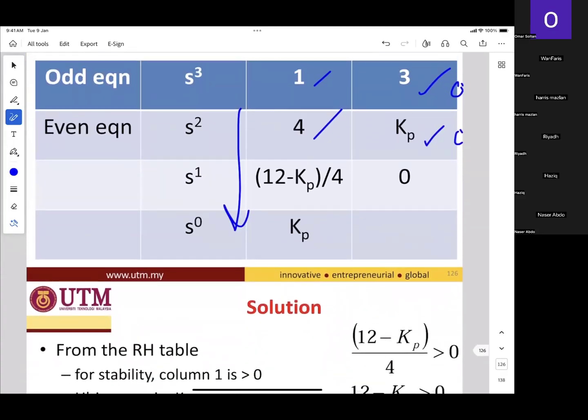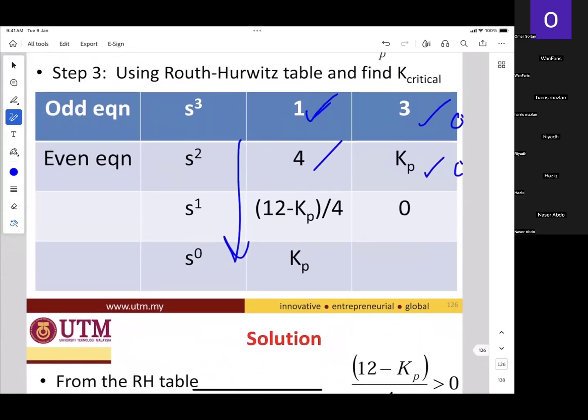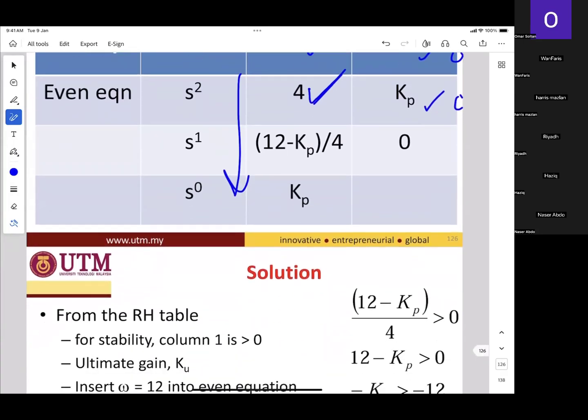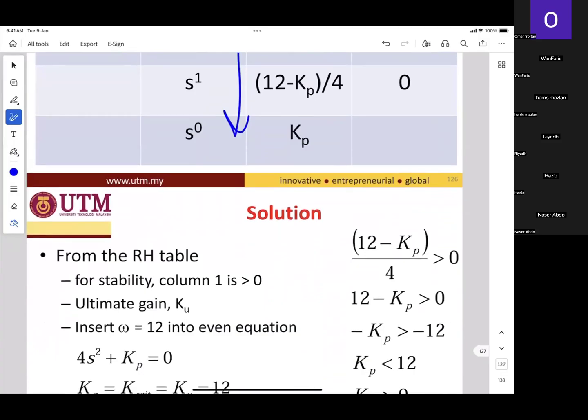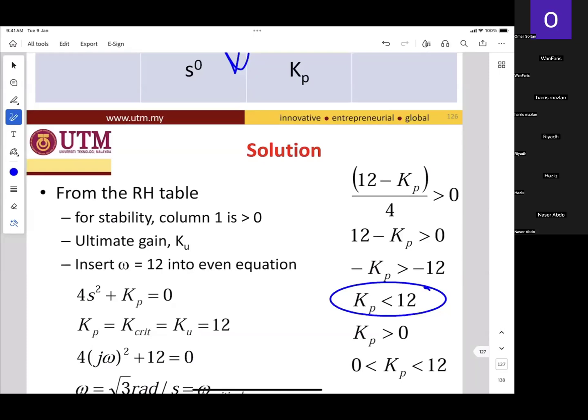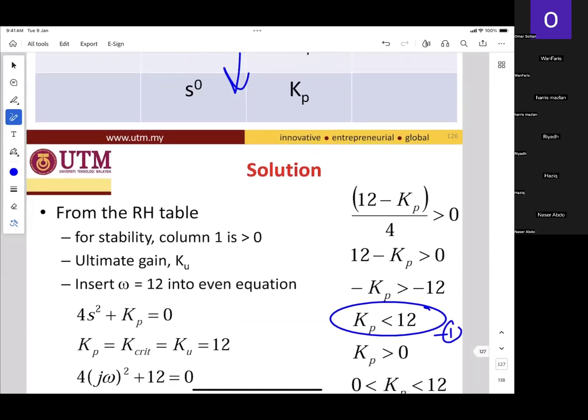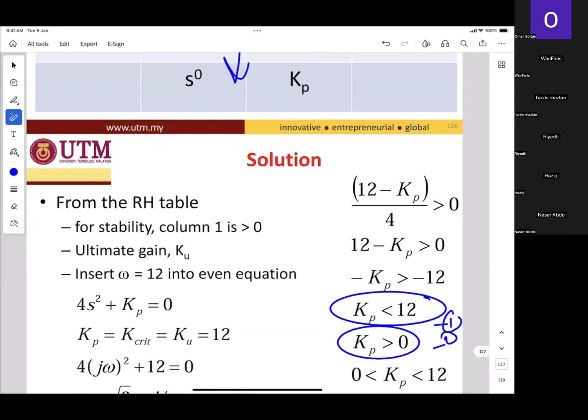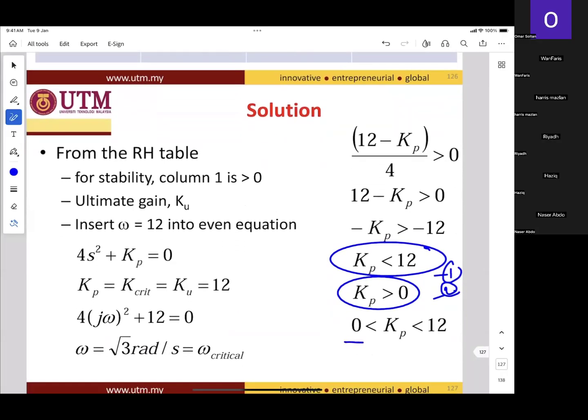So from here, 1 is greater than 0. Okay, 4 greater than 0. Then 12 minus Kp divided by 4 equal to 0, simplify. So Kp is equal to 12, equation 1. Then Kp greater than 0, equation 2. So the range of stability is between 0 and 12.